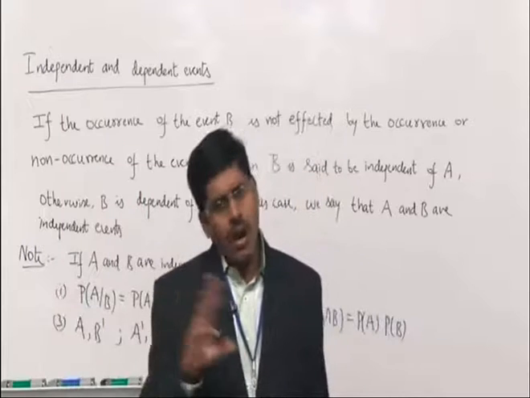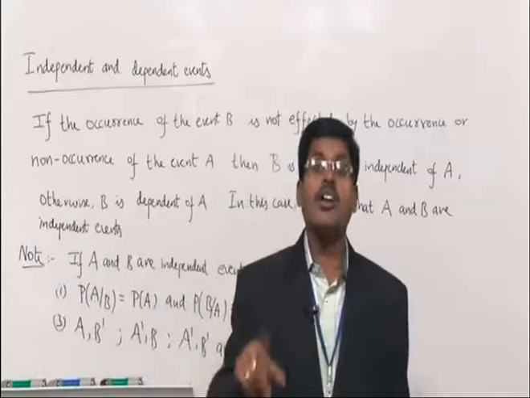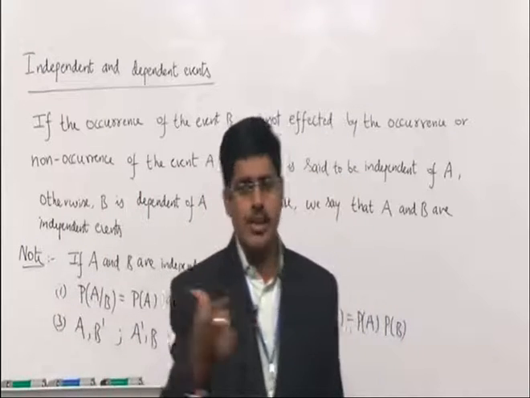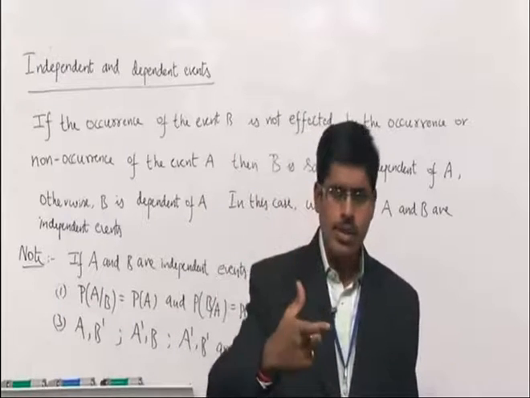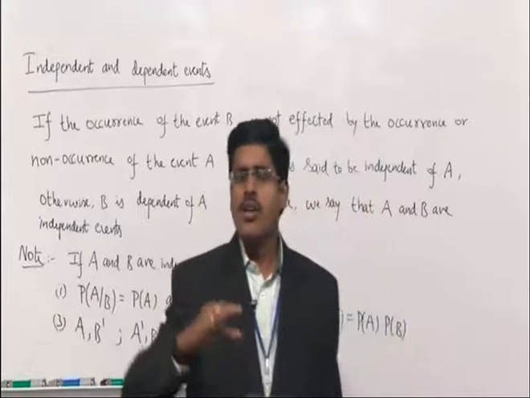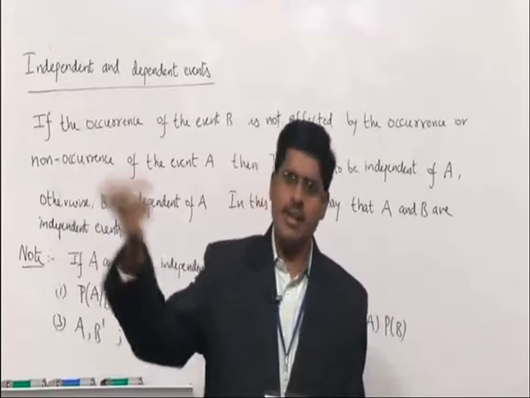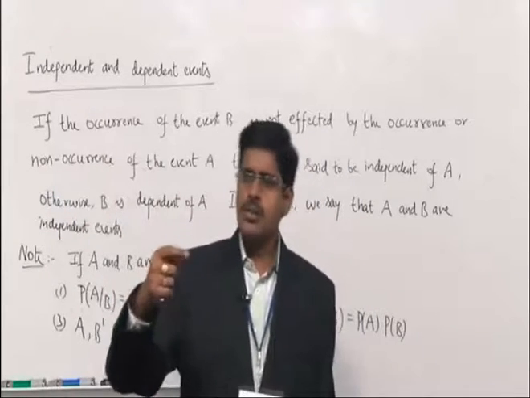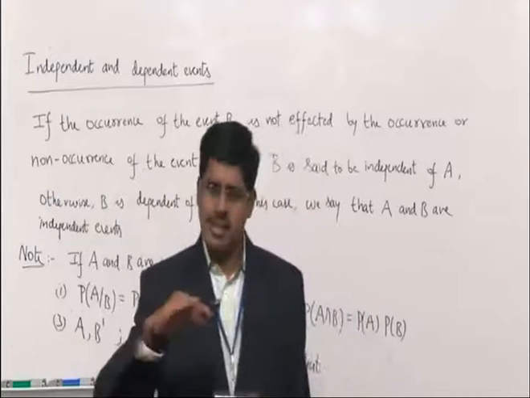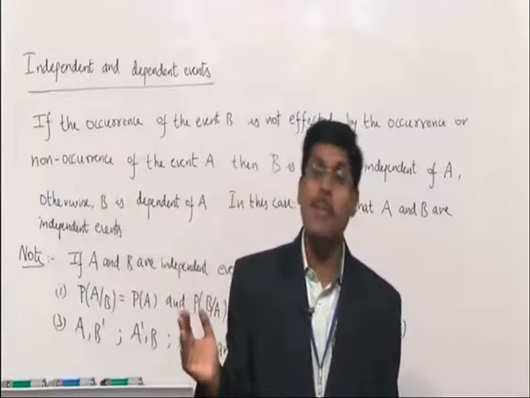And these 2 drawings are called dependent events. I have already explained a man and woman interview, independently they are trying. Suppose 4 people are trying to hit a target by gun or whatever it may be. So those 4 people are trying independently, so in that case the problems are independent events.